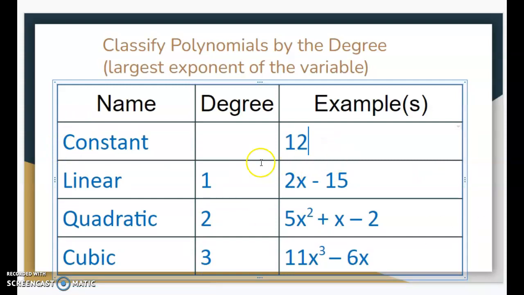It's just a number like 12 or negative 8. And the degree of a constant is 0. It's like a variable to the 0 power, right? So no variable visible is a constant. A variable to the first is linear. A variable to the second is quadratic. And if the polynomial has a variable to the third, that would be cubic.